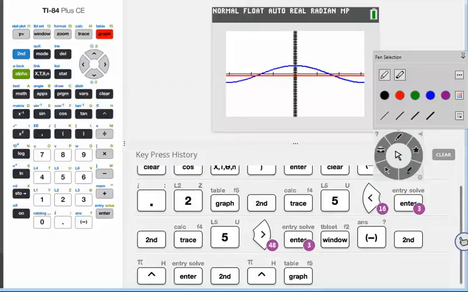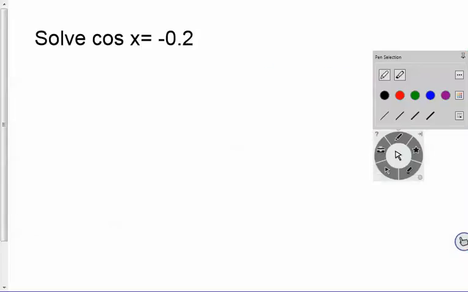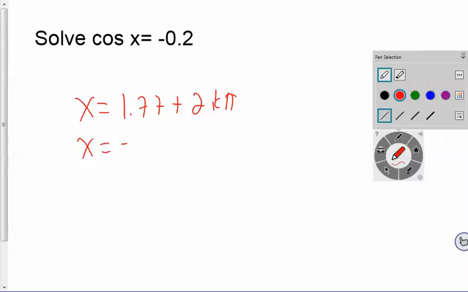My two answers are x equals 1.77 plus 2k pi, and I'm also going to do the negative one because it's symmetric, negative 1.77 plus 2k pi. So that opens it up. I know it sounds kind of weird because we went from 0 to 2 pi before, but that's just how it goes.